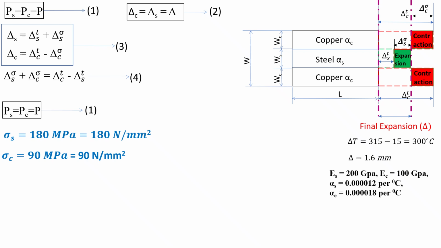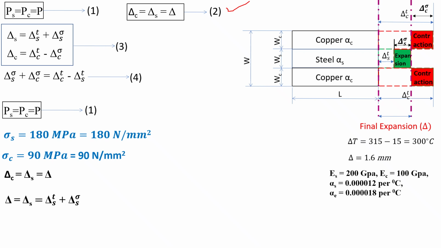So next we find the length of the copper or steel bar, that is capital L. For this I have to use equation number 2, that is delta equal to delta c equal to delta s. Here the final expansion delta value is given. So delta equal to delta s or delta c.